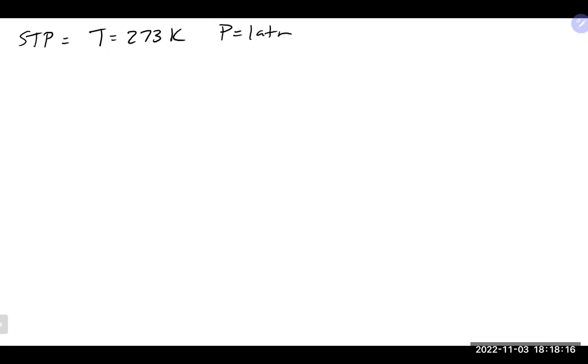You can obviously, even at STP conditions or non-STP conditions, always go into the ideal gas law and solve a problem. But if you happen to be at STP conditions, which I think like the last example we did last time, you can avoid the ideal gas law and use this conversion that 1 mole of any gas basically will be 22.414 liters.